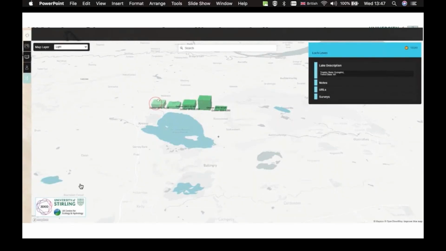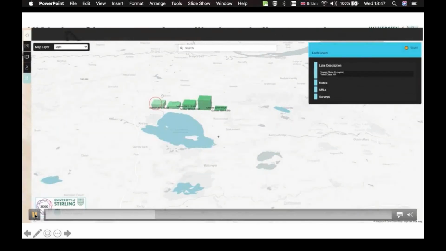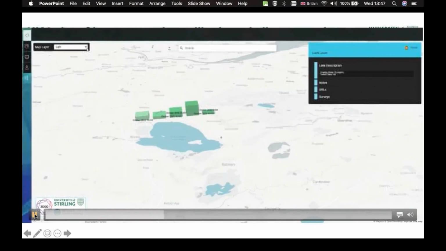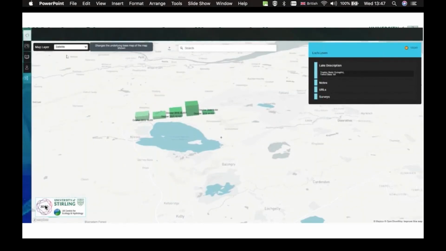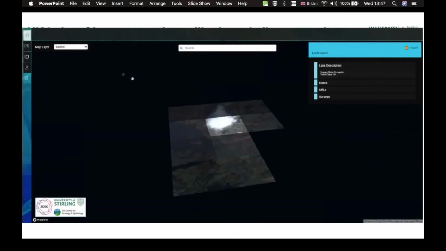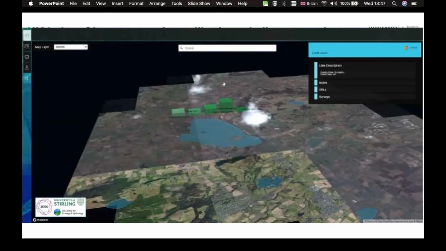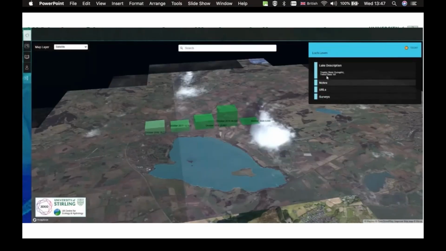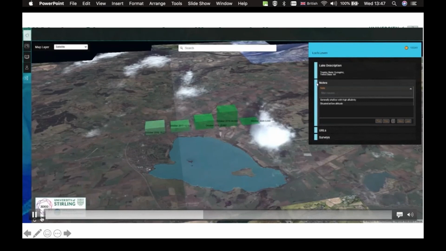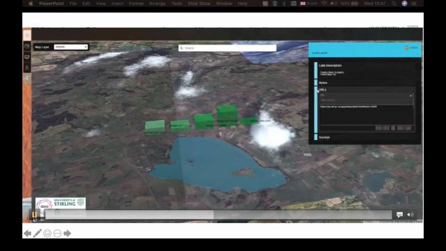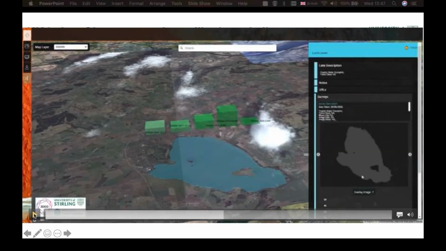You can, of course, go and select your lake. For example, here another of our pet lakes is Loch Leven, and you can specify here the bars. So if I pause it again, yes, there it is.